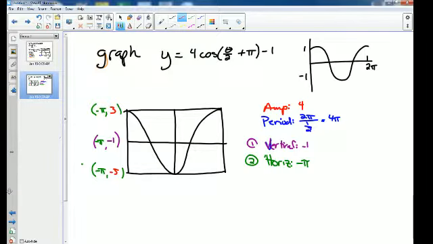Plus 4 and minus 4 for amplitude. That was our third step. So you're with me there? Yes. Okay, and now we have our period.